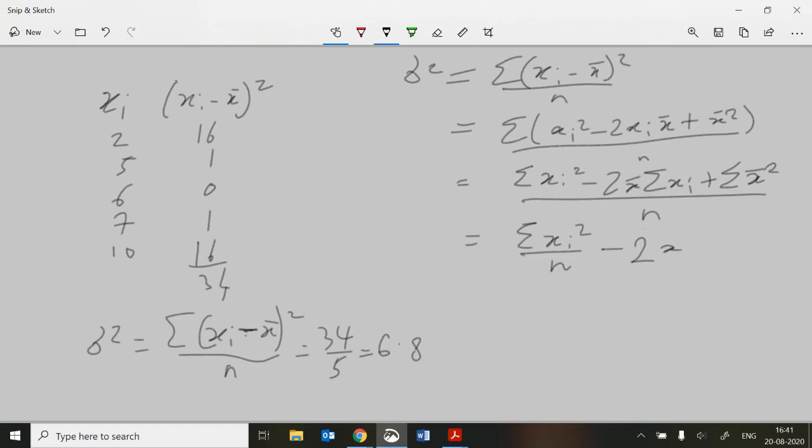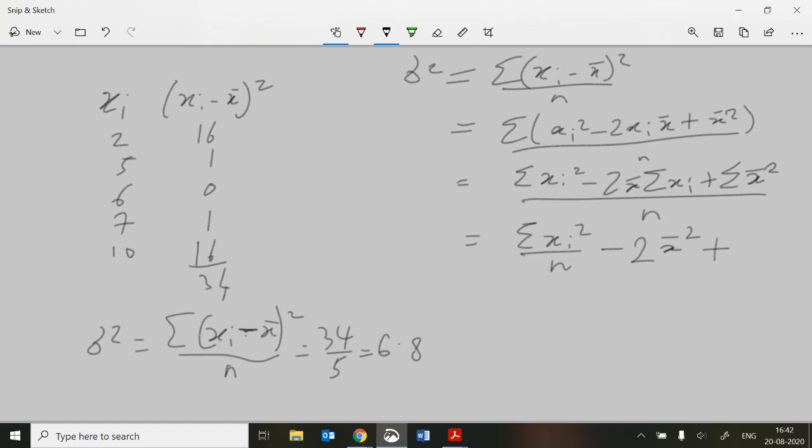So this is really giving me 2 lots of x bar squared. If I incorporate that, the n with the sigma xi gives me the definition for x bar. And then I've actually got on here, yeah, I think I've still got this.